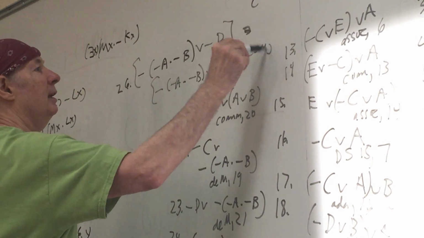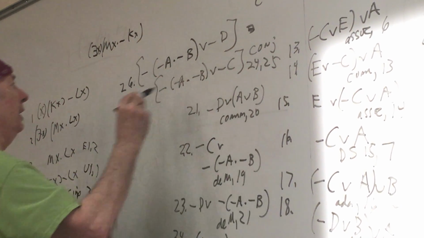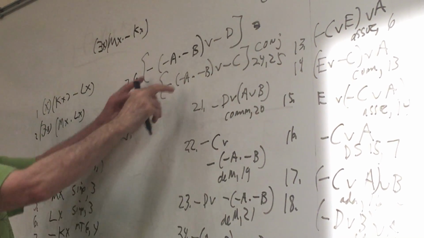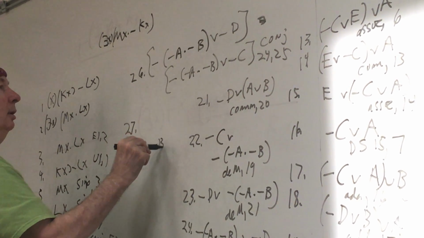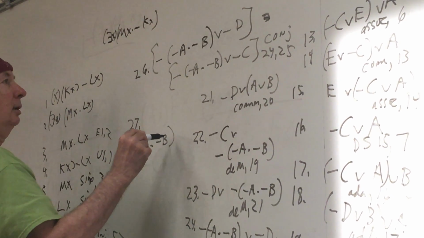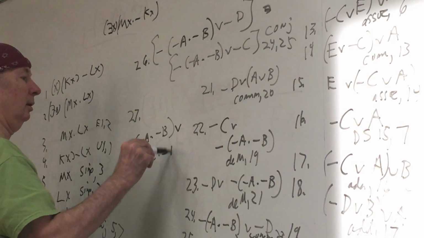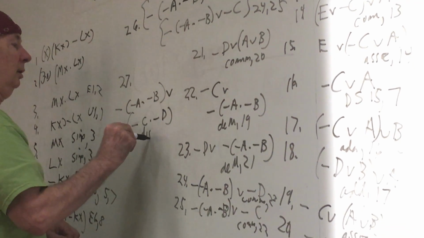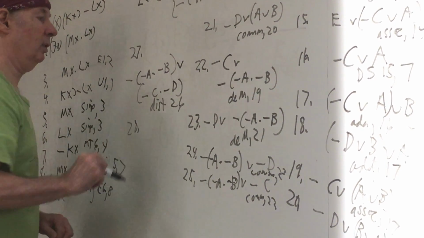Okay, first I have to conj 24 and 25, and now I can distribute. And one more step.